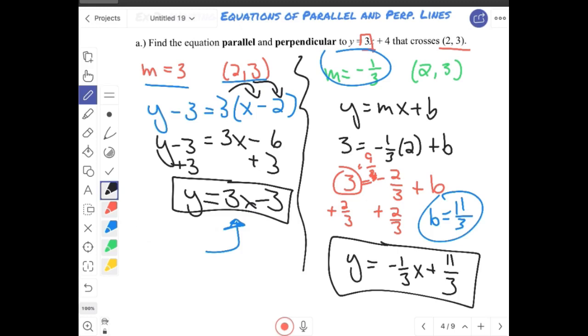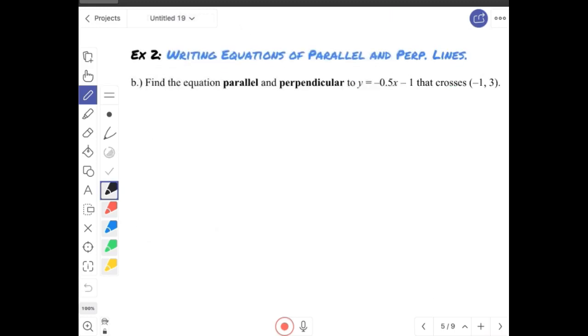We got one more in this first video, and again it's just another one like this. And again I'll do this the same way as I did before. So for the parallel, I'll switch them around this time. So I'm going to say 3 is equal to negative 0.5, that's negative 1/2, plug in my x value, plus b.